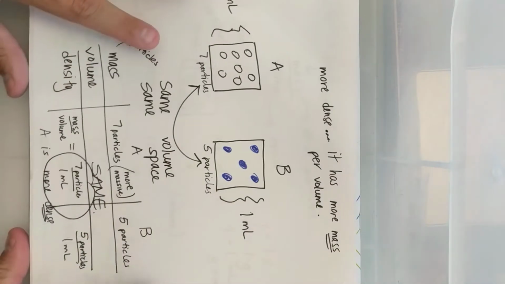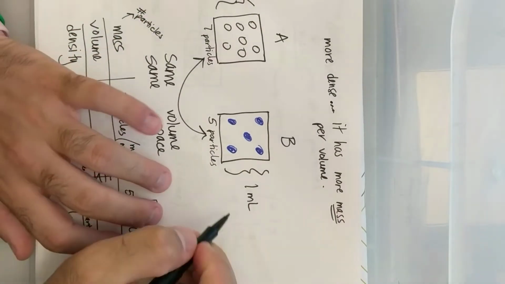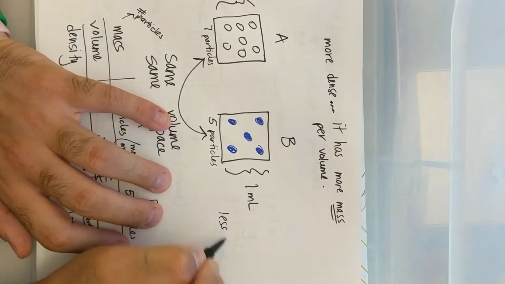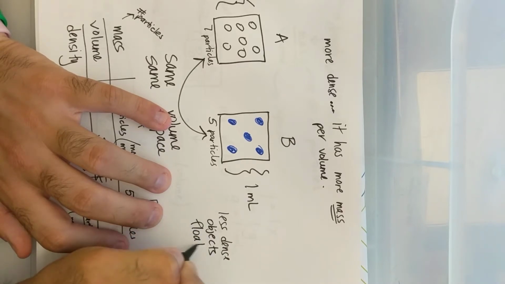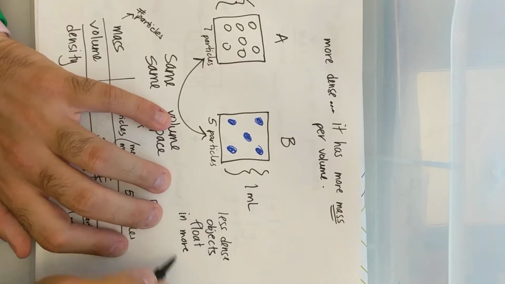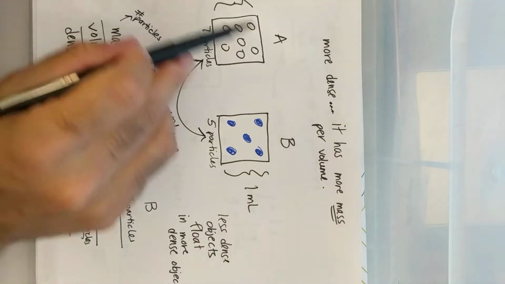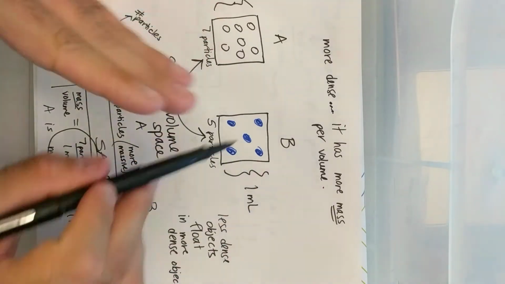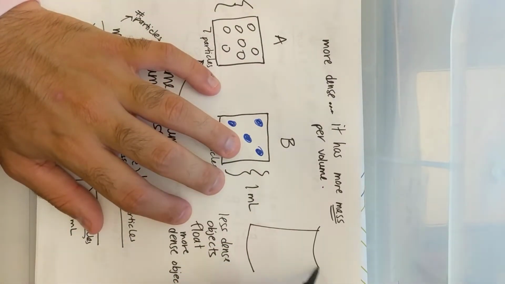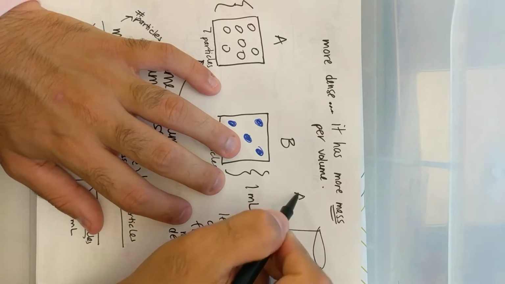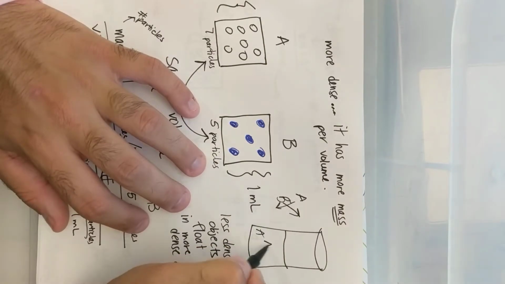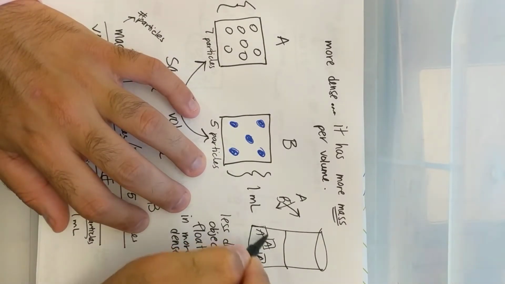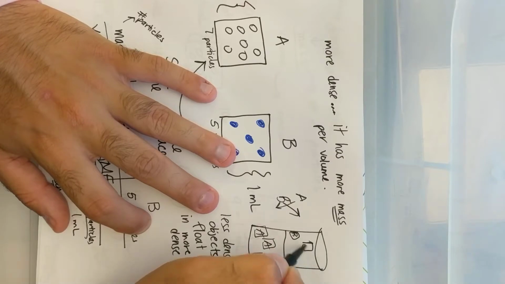And then typically, just as a side note to help you out, less dense objects float in more dense objects. So technically, if I had a container, and I had A and B in here somewhere, all of my A particles would be at the bottom, and all of my B particles would be at the top.